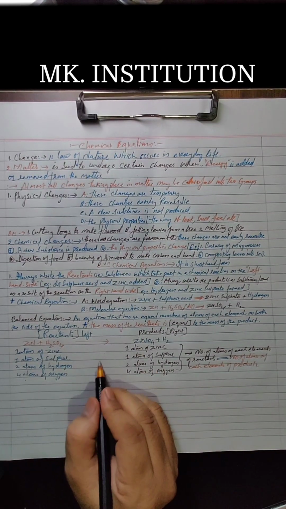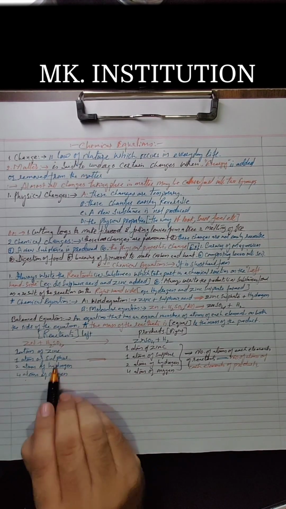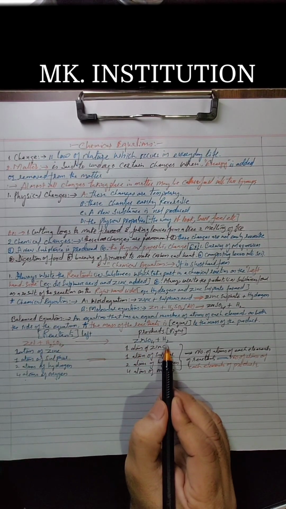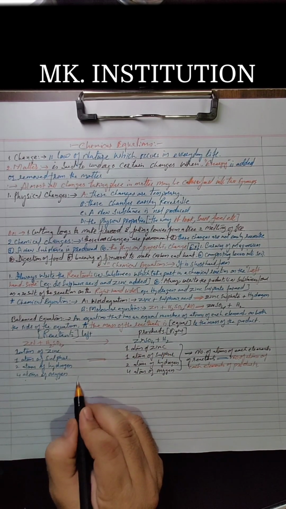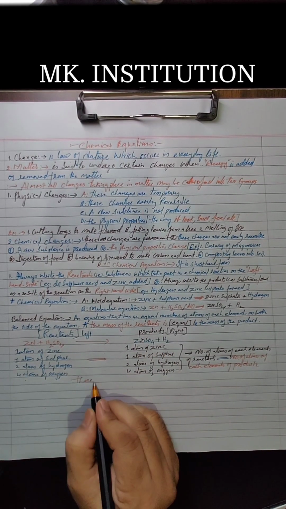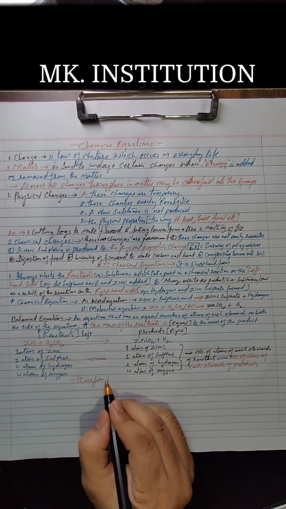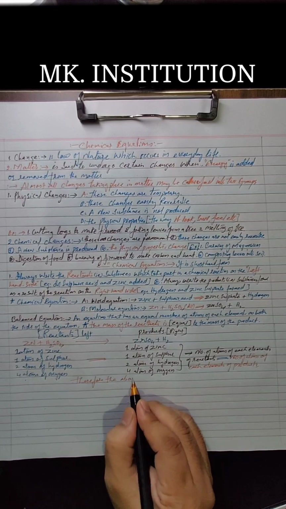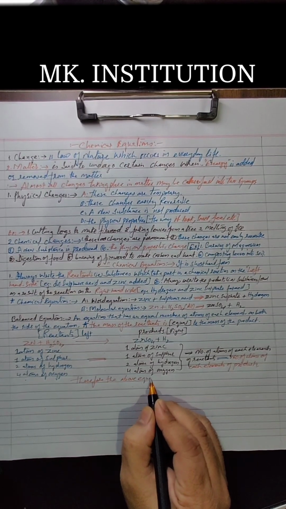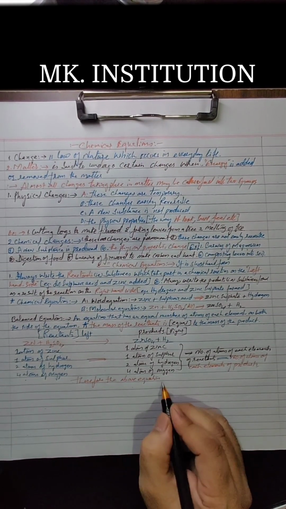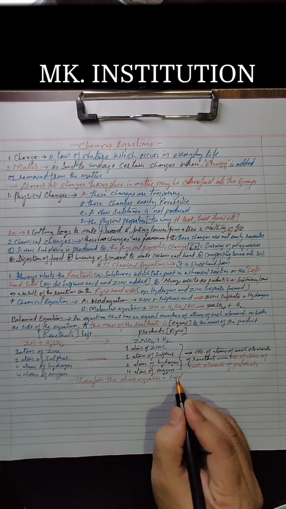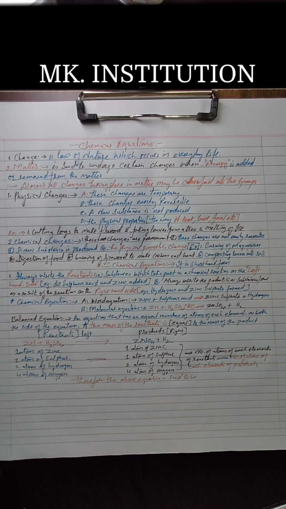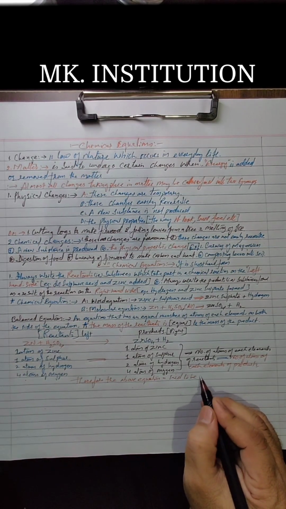Both are equal here, so this equation is called a balanced equation. At the last you can write: therefore, the above equation is said to be a balanced equation.